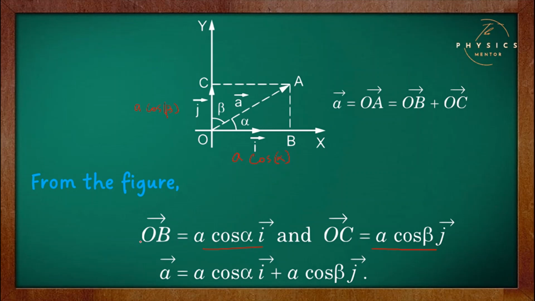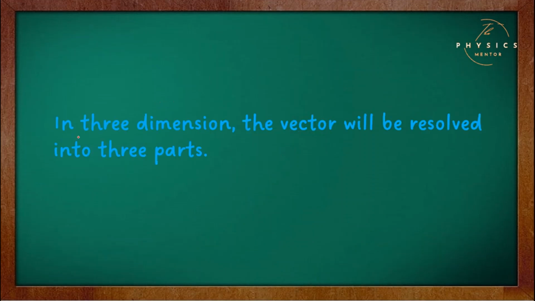By using the expressions of OB vector and OC vector in the equation to represent vector A, we get vector A is equal to A cos alpha I vector plus A cos beta J vector.